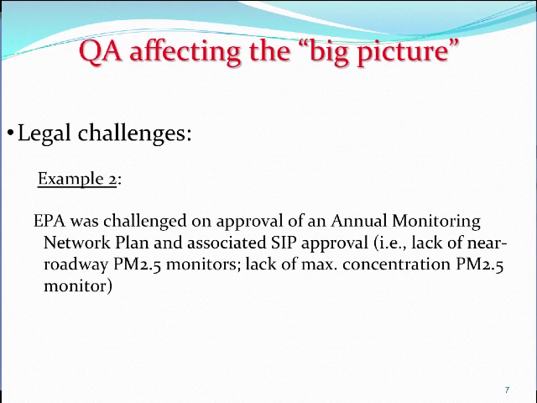But for a long time, we were working in the courts to figure out whether maximum concentration site meant that you had to be next to a roadway. Again, now since we are required to do that, it's kind of a moot point. But again, with the annual monitoring network plan there was a threat that it was actually going to overturn our SIP approval because we didn't have that annual monitoring network plan perhaps approved.